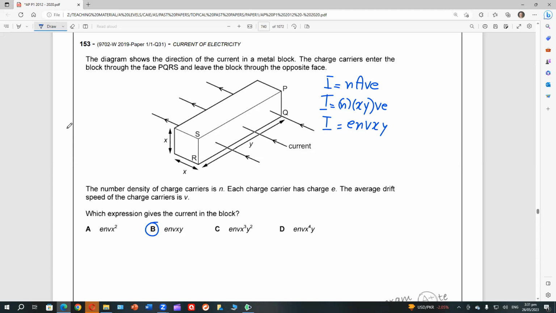See the working? I also wrote it. I am getting the same as well. Good.